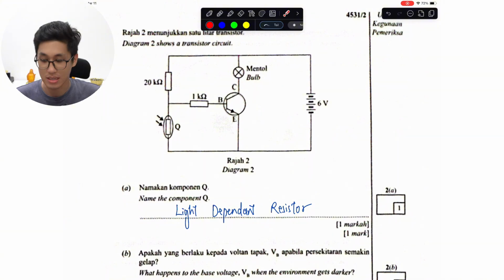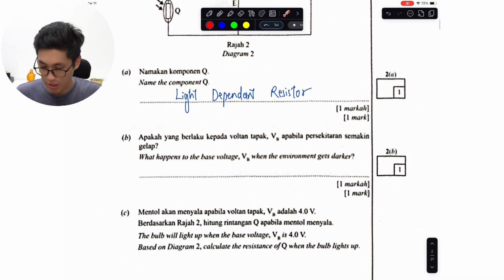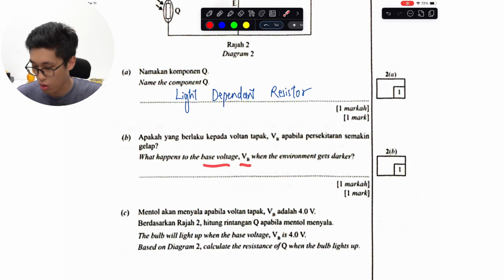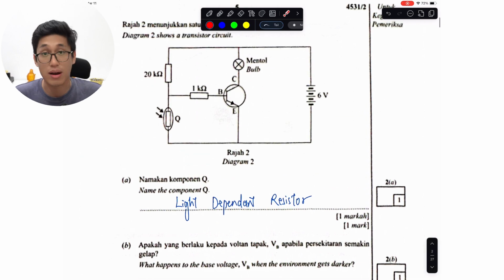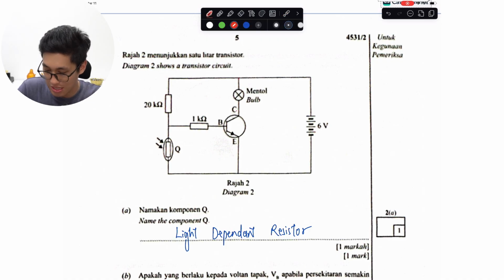Do you understand? Okay, so the next question asks you, what happens to the base voltage when the environment gets darker? To understand this, you actually have to know what this CBE stands for. The C is the collector leg of the transistor, the B is the base leg, and the E is the emitter leg.